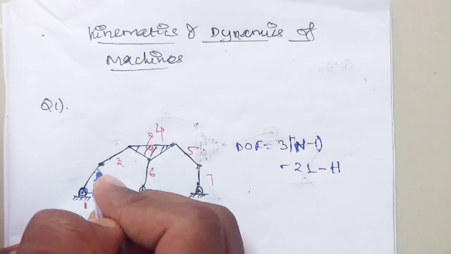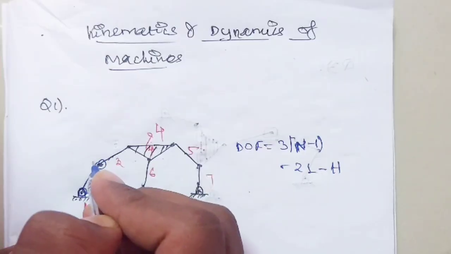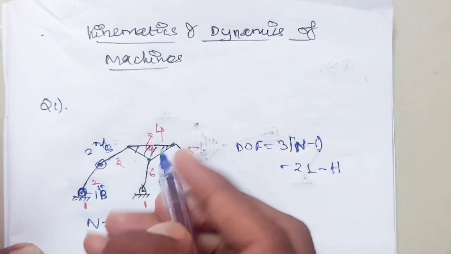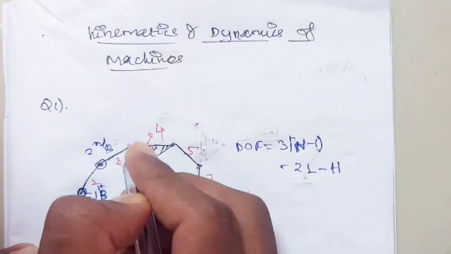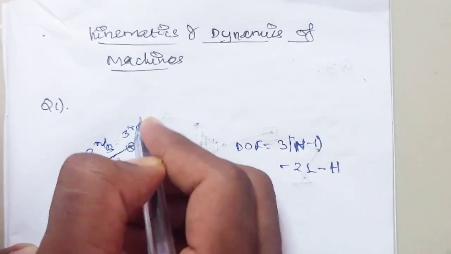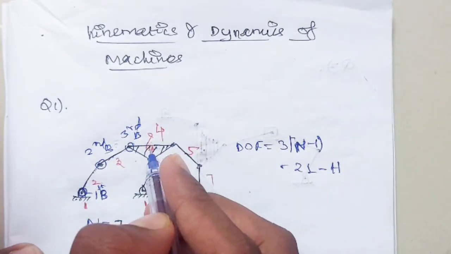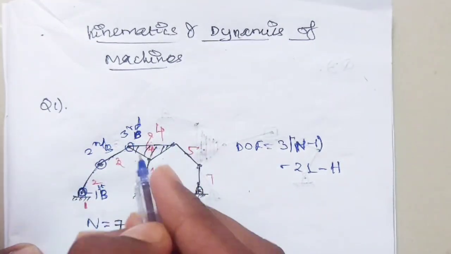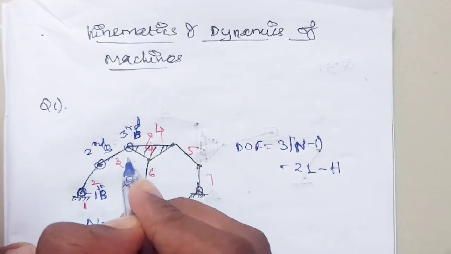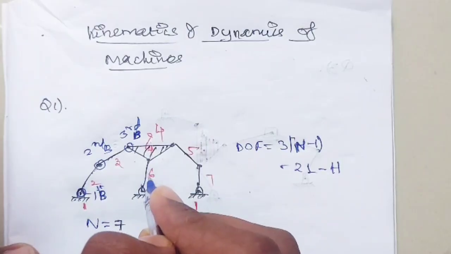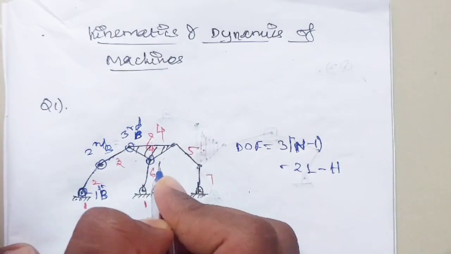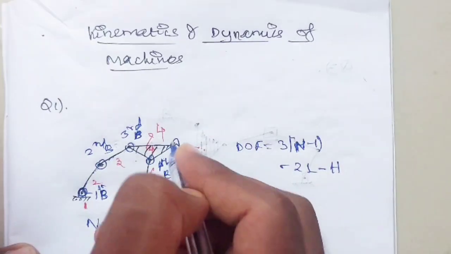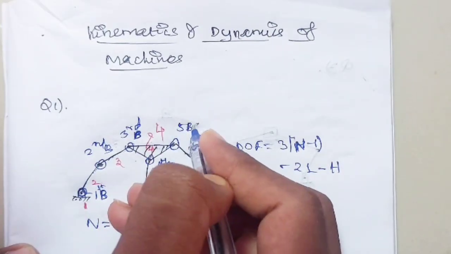And these 2 links are connected at this point, so we take this as the second binary. And then from third to fourth, this is the third binary. I am writing B for binary. You can understand it. And then from 6 to 4, this is the fourth binary. And then from 5th to 4th, this is the fifth binary.